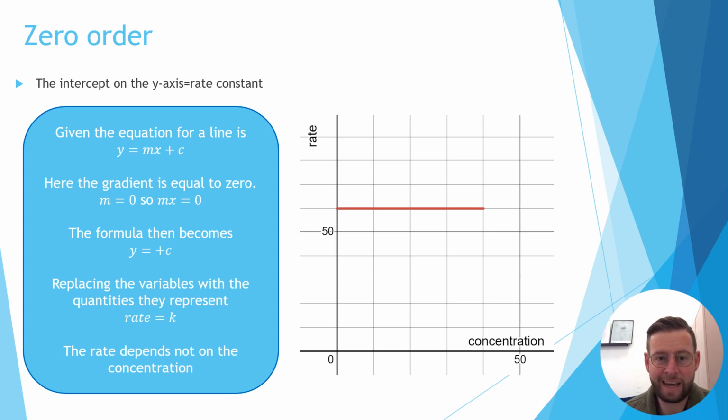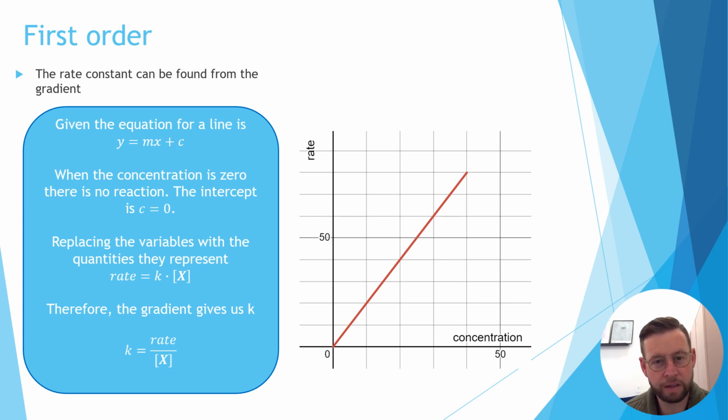That means that y, which is the rate, is not dependent upon the concentration, it's independent of the concentration. It's dependent upon the rate constant only. In fact, the rate is going to be equal to the y-intercept of this graph. So I can find that the rate is equal to the rate constant for this type of graph.